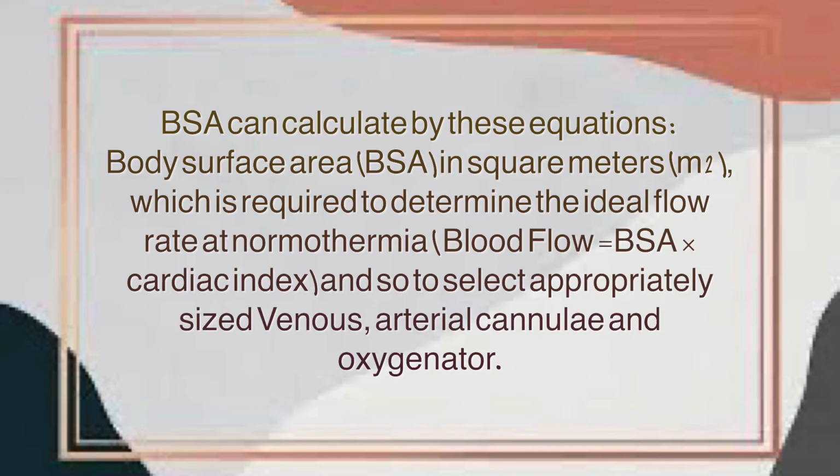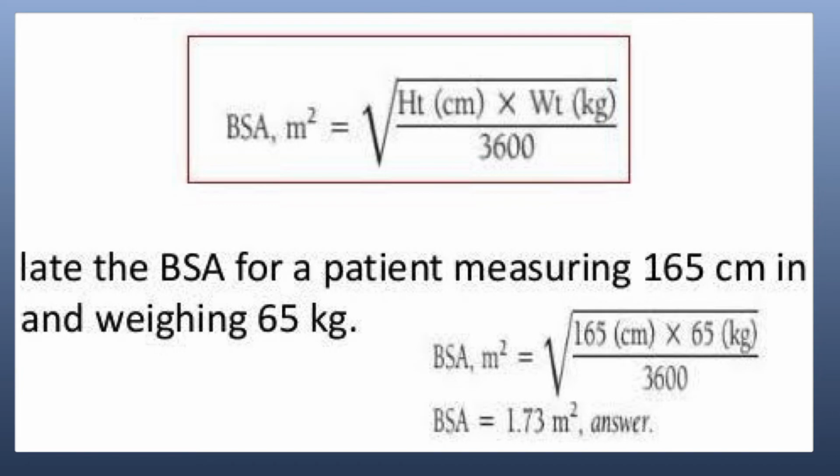Blood flow is equal to BSA times cardiac index, and so to select the appropriately sized venous and arterial cannula and oxygenator. As shown in the figure, this is the formula for BSA calculation.